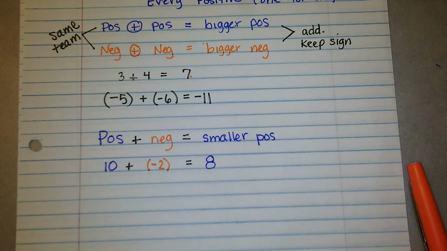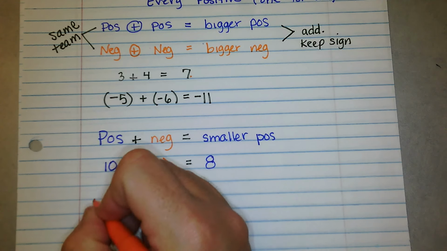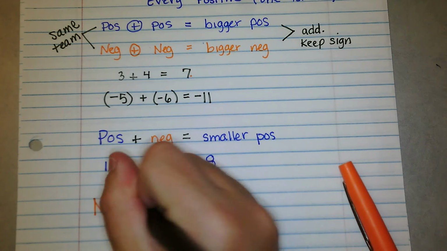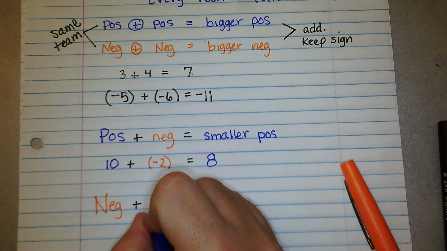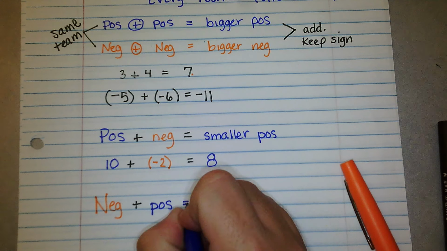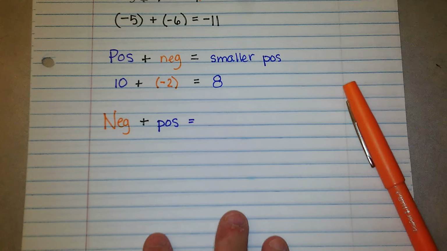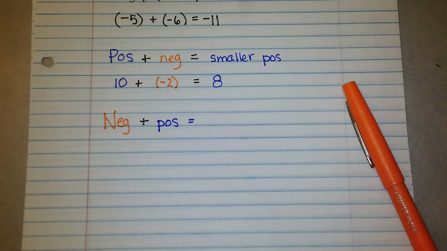The last type is when the negatives are bigger. When the negatives are bigger, what's going to happen is you're going to go to war. You're going to war because they're on opposite teams. Okay, they're fighting 1 for 1. They're going to cancel each other out.